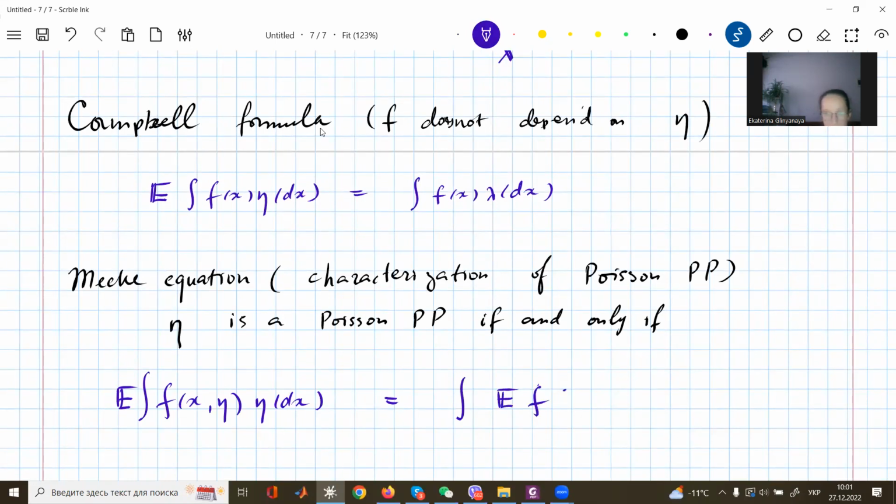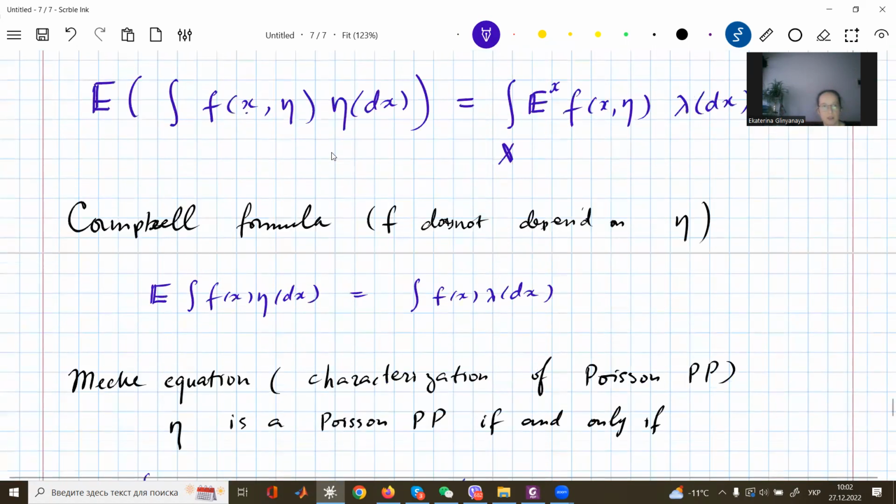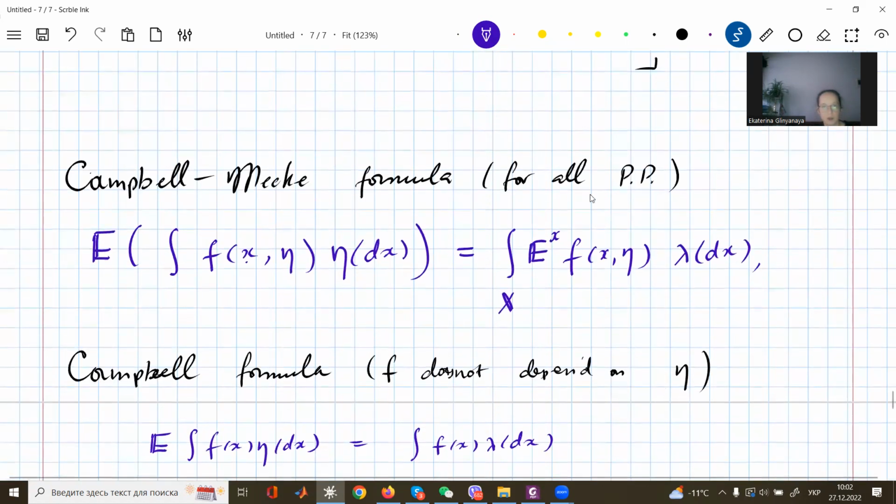So what we did, we add to the point process a point here, and then just integrate with respect to intensity measure. So here you can see that the Campbell-Mecke equation that we get today is just the generalization of all previous formulas.